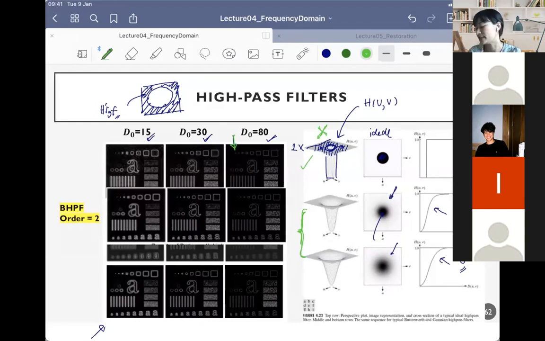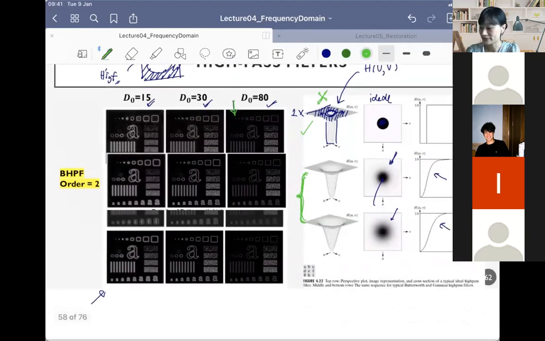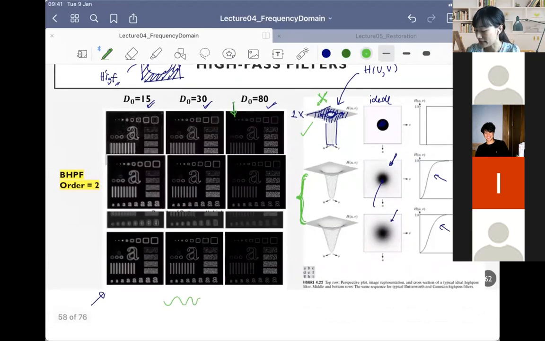So in real scenarios, I have often seen these filters more than the ideal filter. There are also some other filters as well. Some of you might have heard about the Chebyshev filter.